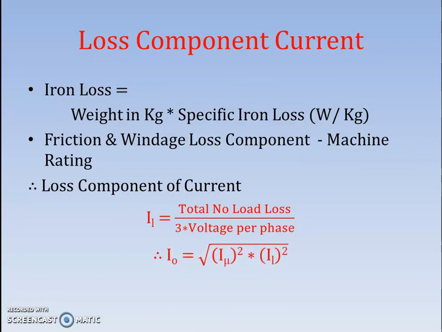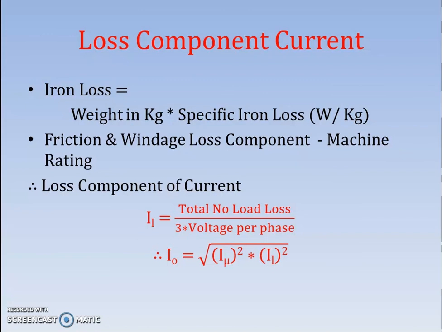We now have both components available, the magnetizing component as well as the loss component. Based on both components, we can easily calculate our no load current. We discussed at the initial stage that the no load current is composed of a magnetizing as well as a loss component.